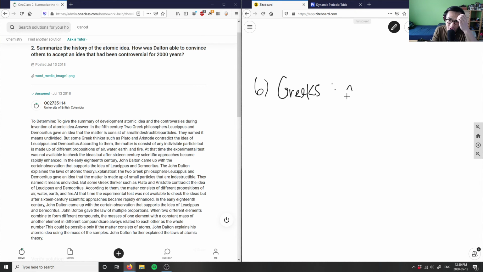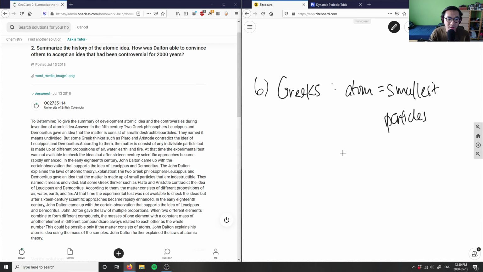They thought that the atom was the smallest compound, right? Equals smallest particles. And they didn't really call it the atom. They just knew that it was the smallest particle. And we actually give them the word atom based off the Greeks, because I think the prefix here means small, right?